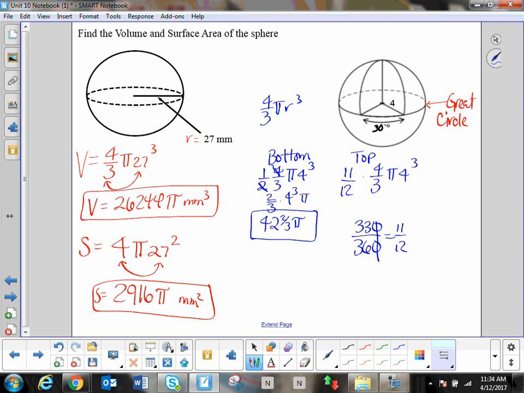All right, and so if we multiply it out, it's like 44 over 36 times 4 cubed pi. So I'm going to just enter it like that. 44 times 4/3. I mean, not 4/3. 4 cubed times 44 divided by 36.